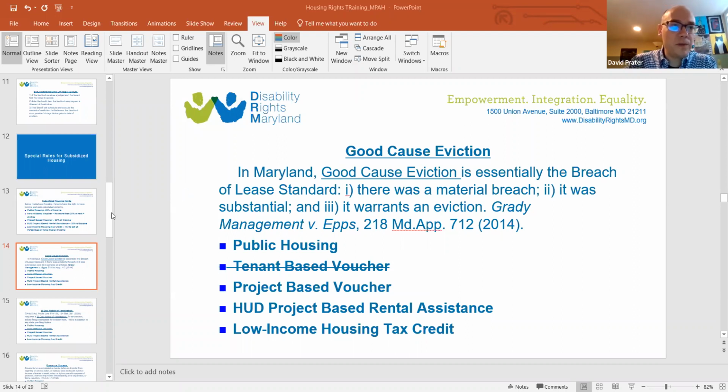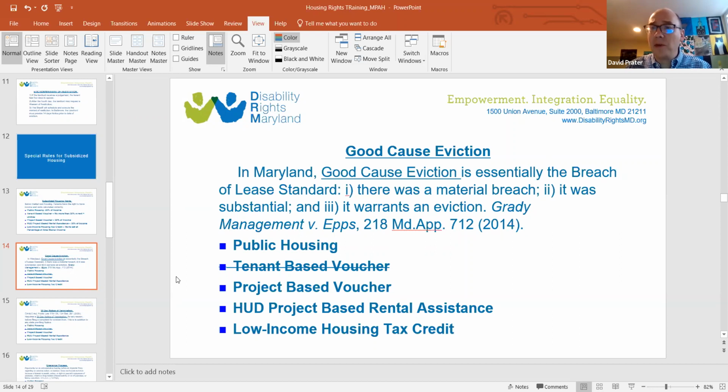We talked earlier about the tenant holding over, which is when a landlord decides, you know what, I just don't want to rent to this person anymore, and so I'm going to end the lease. In subsidized housing, where there's not a strike through, the landlord cannot do that. The subsidized landlord must have good cause.